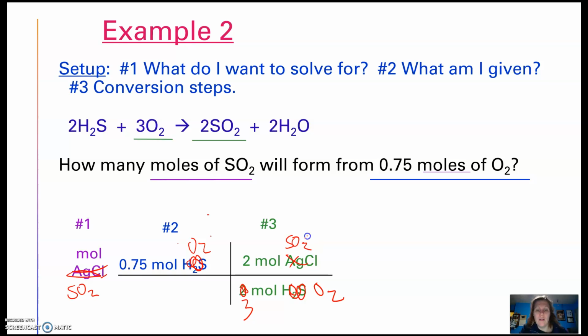SO2. Equal, and of course it's not 7.4, but 0.75 times 2 divided by 3. I don't actually know what that is because I forgot to fix this. I thought it was done. 0.75 times 2 divided by 3 is 0.5. So that would be 0.5 moles of SO2.